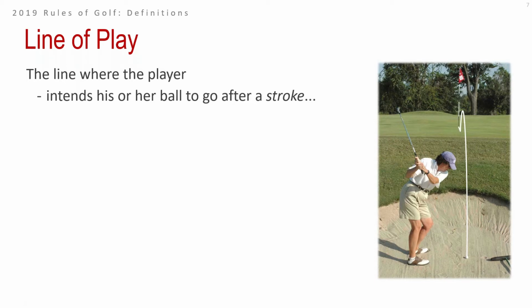The line of play is the line where the player intends his or her ball to go after a stroke. In this case, we have a lady playing from a bunker here. Her line of play is that white line extending from the ball to the hole.